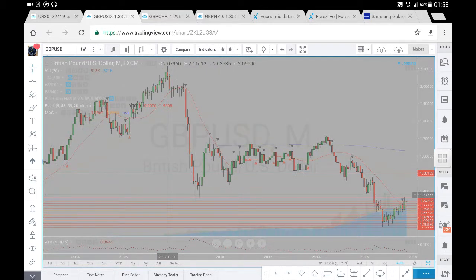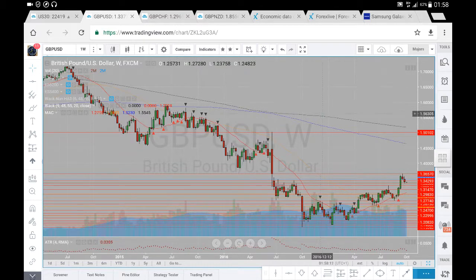If we go down to the weekly time frame, let's get some perspective. As you can see here, where we reversed from the 136.57 is pretty much where the weekly close was on the Brexit week. So it's almost to the pip that we reversed and pulled back somewhat on the weekly time frame.